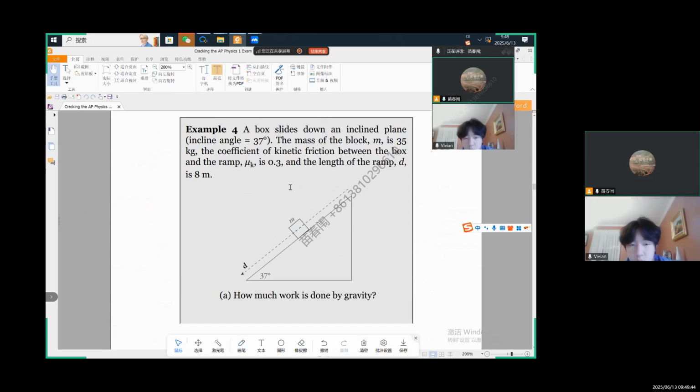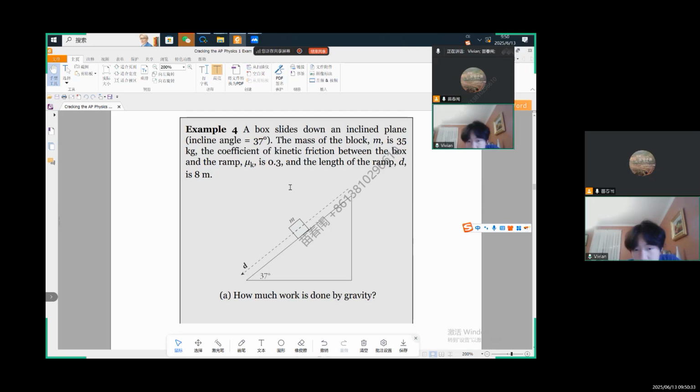It's 35 kilograms, 0.3. How much work is done?